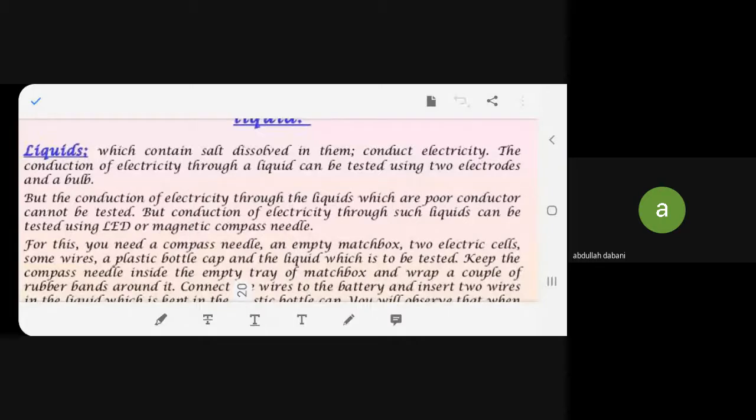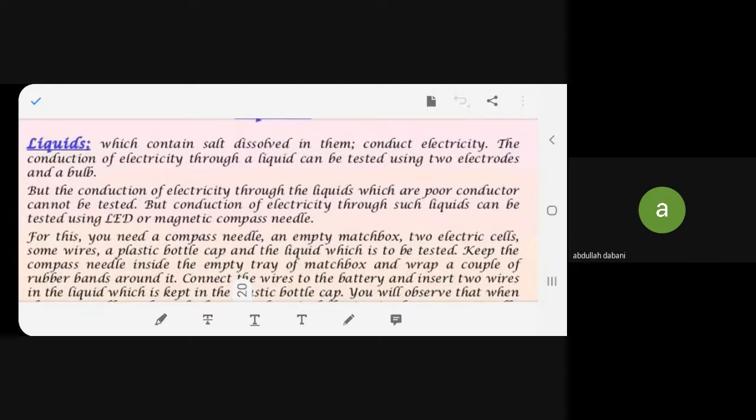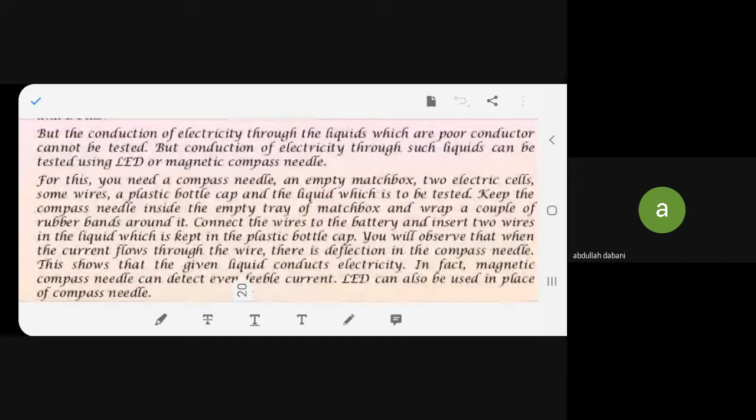The conduction of electricity through a liquid can be tested using two electrodes and a bulb. But the conduction of electricity through liquids which are poor conductors cannot be tested this way. But conduction of electricity through such liquids can be tested using an LED or a magnetic compass needle.